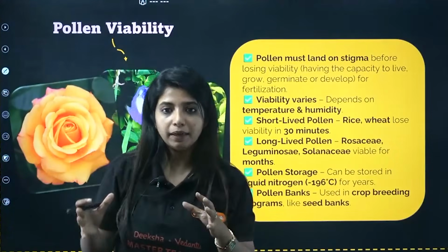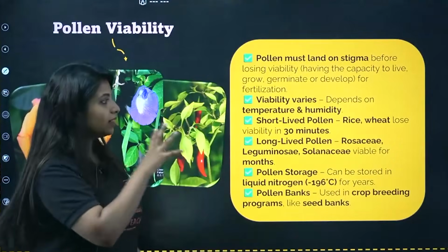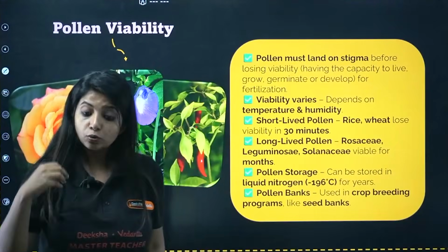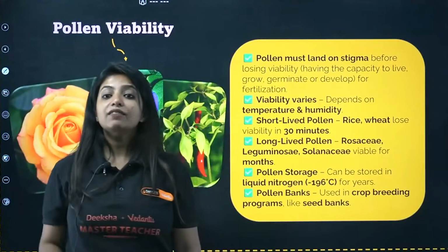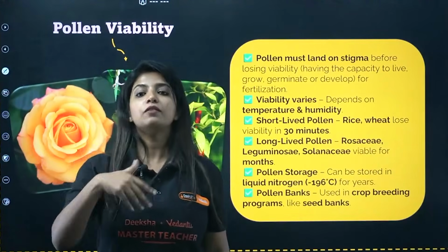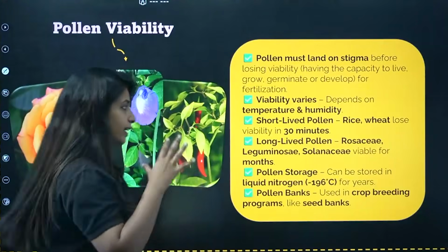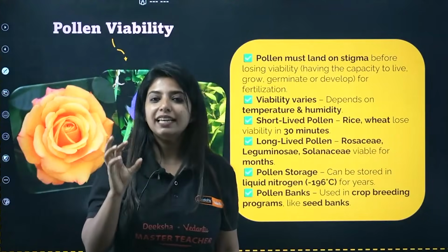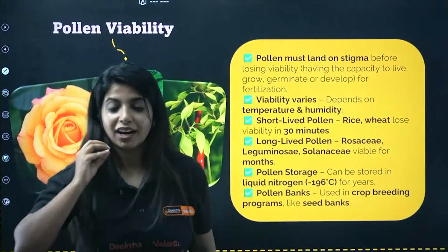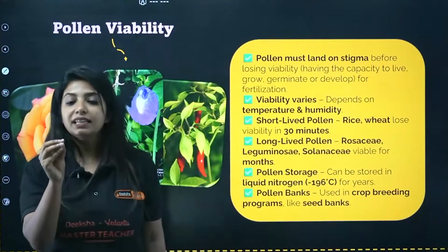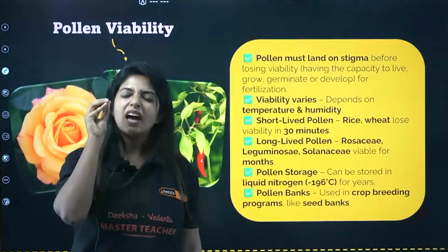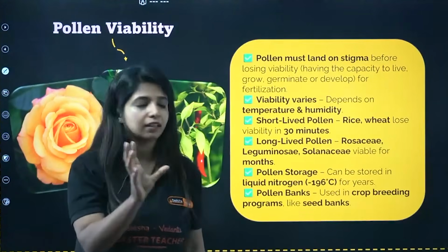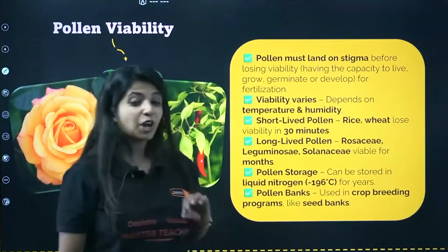Here they have given examples of plants which lose viability quickly and plants which stay viable for some time. Let's see which has the least viability. The things that we usually eat, rice and wheat, have very short-lived viability. So short-lived viability as in how much short?